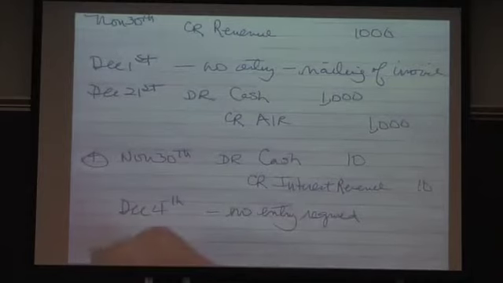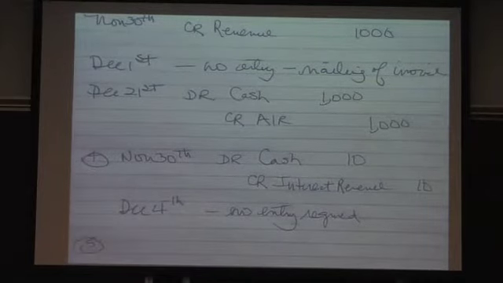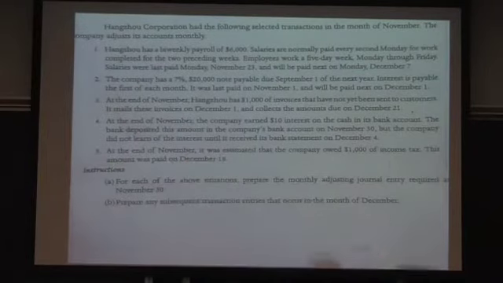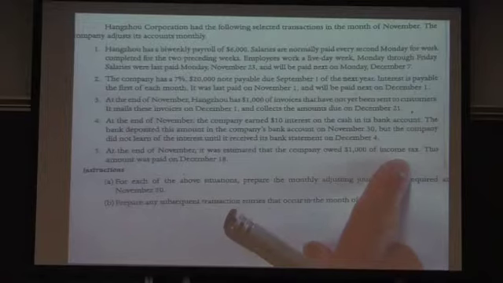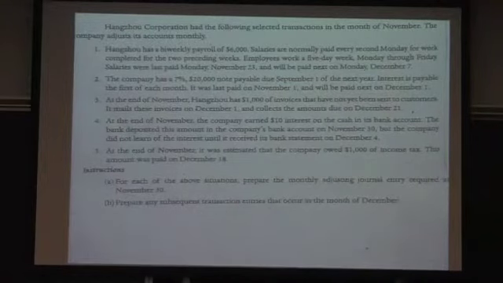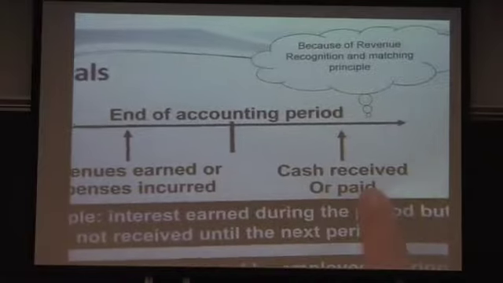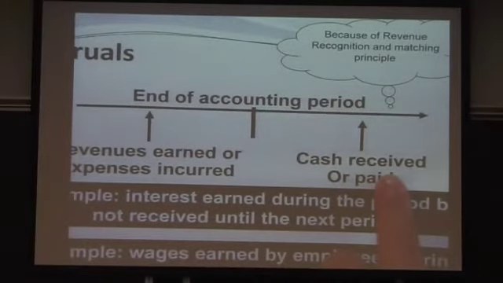Okay? For number 5, our last transaction, it says at the end of November, it was estimated the company owed $1,000 of income tax. And this amount was paid on December 18th. Again, this is an example of an accrual. We've incurred an expense in November, but we haven't paid it until December.